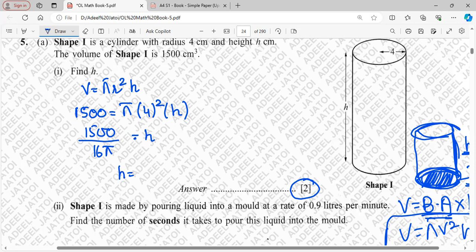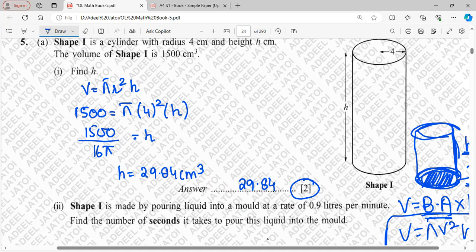So 1500 upon 16 pi in the calculator gives 29.84 centimeter. Please take the exact height. Do not round it off, because this height will be used in the next part as well.